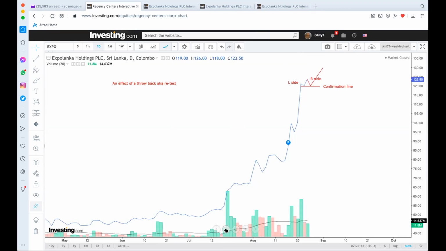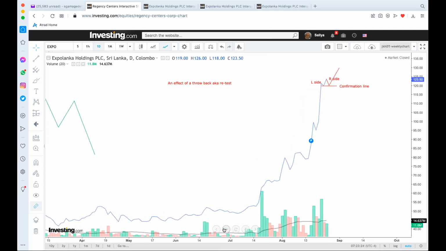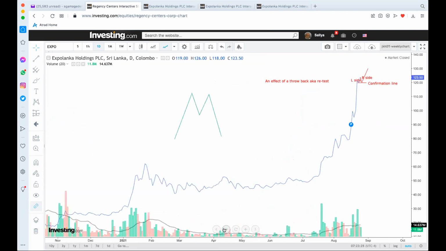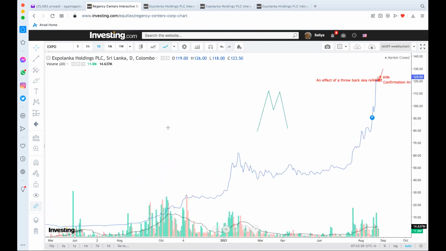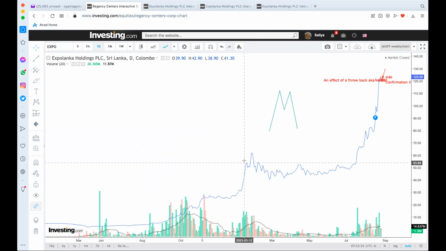Okay, so while we are in the same pattern, let's train our eye on these patterns, or rather the formations in the X-Lanka chart, right? You can now see that there is a double top formation here.